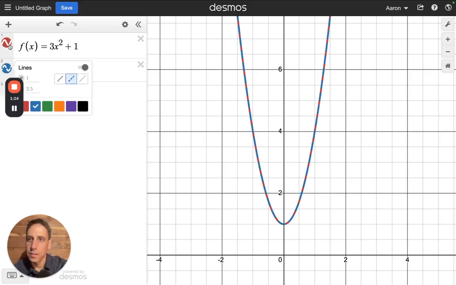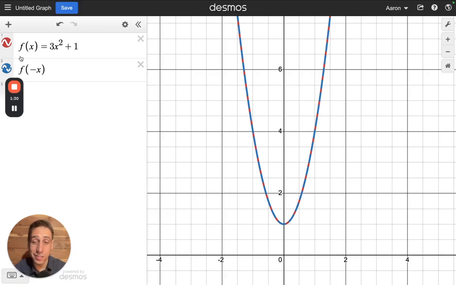I like dotted. So you can see they're completely overlapping with each other. So graphically I can confirm that f of x is equal to f of negative x, so that satisfies the definition of an even function. You can see here it is symmetrical over the y-axis, which is another indicator.